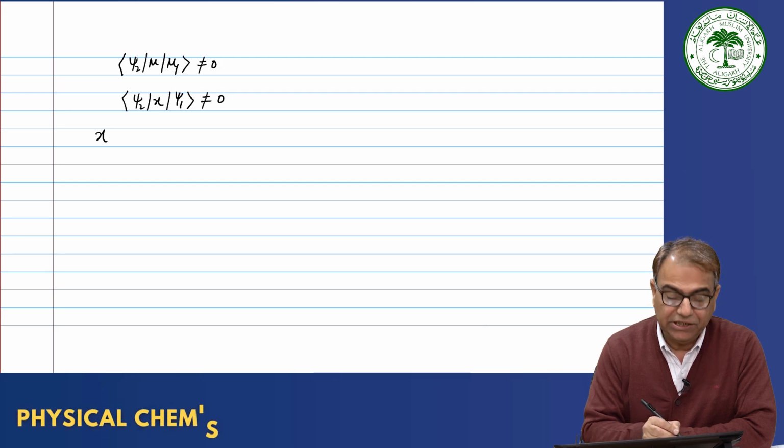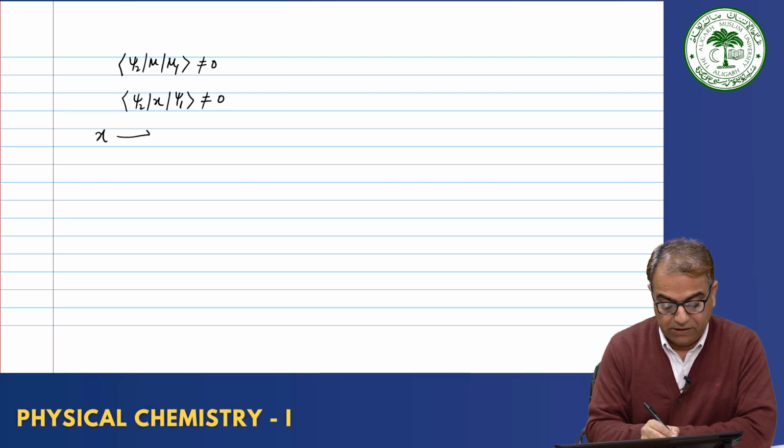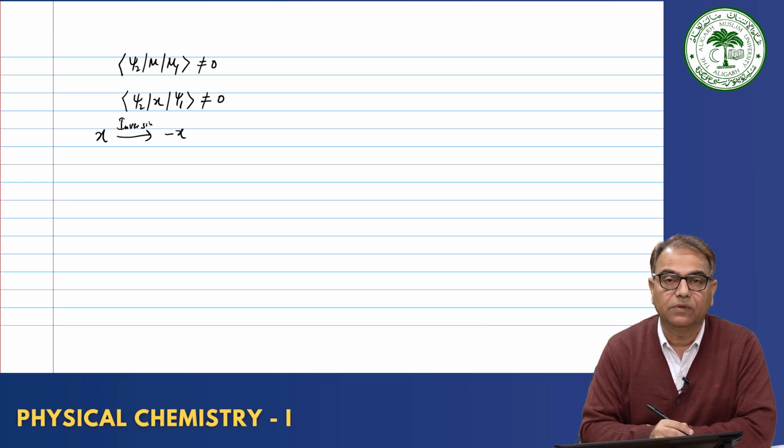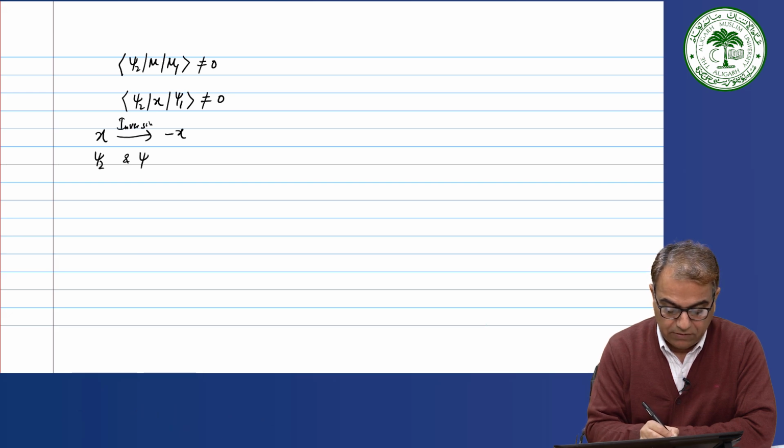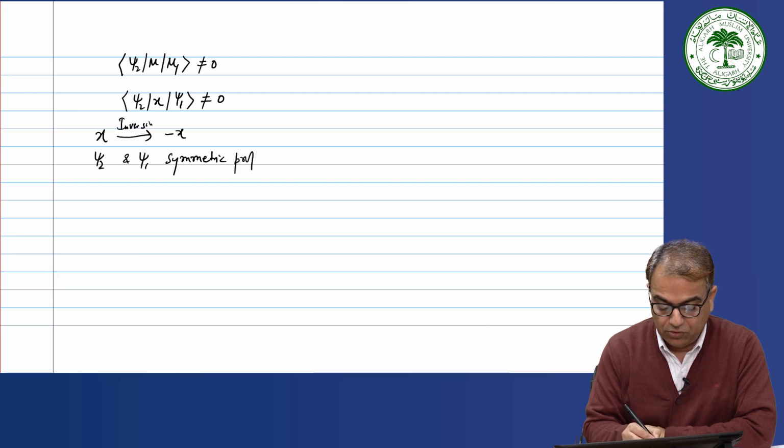So x is essentially, if you invert this one, it will go to minus x. On inversion, it will become minus x, okay. What about psi 2 and psi 1? So you should know the symmetric properties of psi 2 and psi 1.